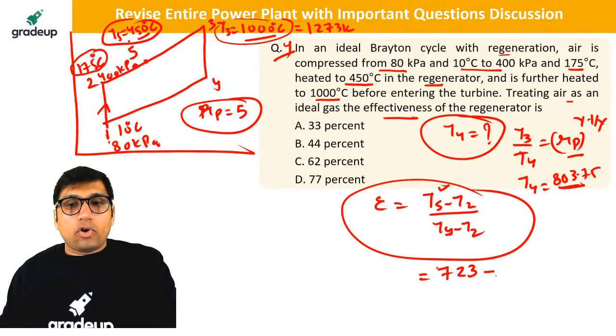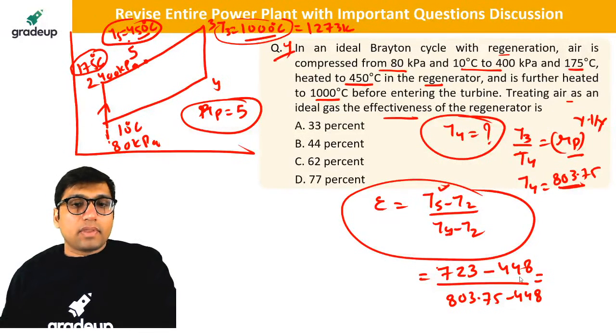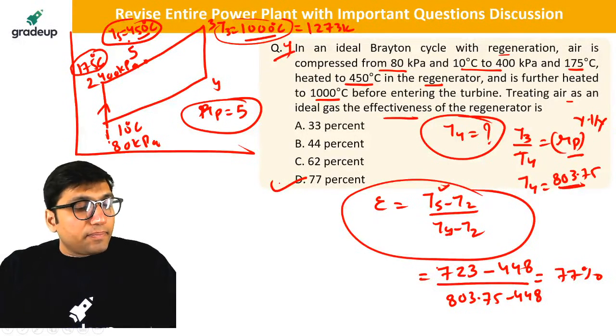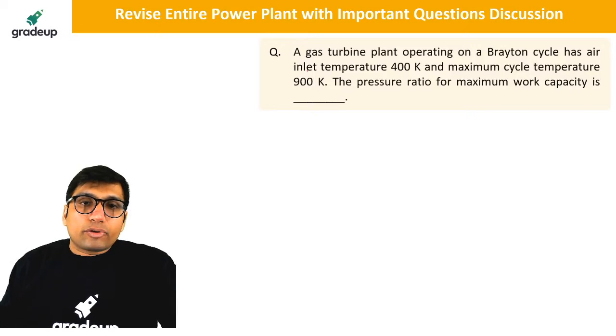T2 will be equal to 448, divided by 803.75 minus 448. You will be getting the answer as 77%. Are you getting 77% for this question? So that is a very good question that can be asked in the exam. Let us solve the last question, question number 5.